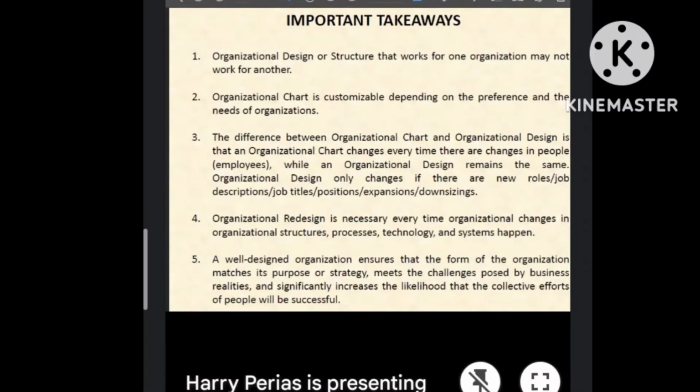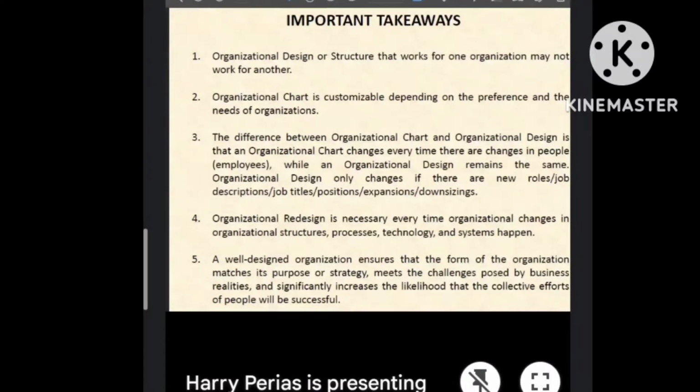So, number three, the difference between organizational chart and organizational design is that an organizational chart changes every time there are changes in people or employees. So, kapag may nag-resign, may umalis, may bago, so nagbabago yung pangalan or yung picture doon sa organizational chart, nagbabago yung chart.